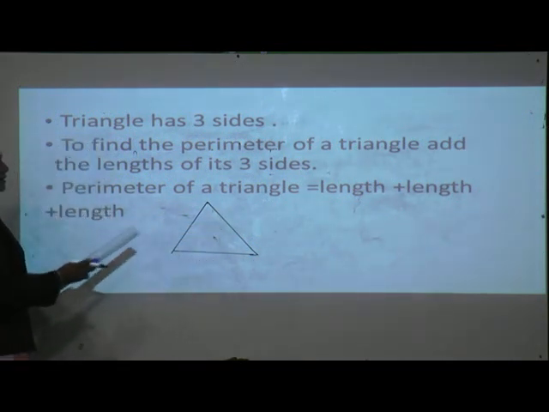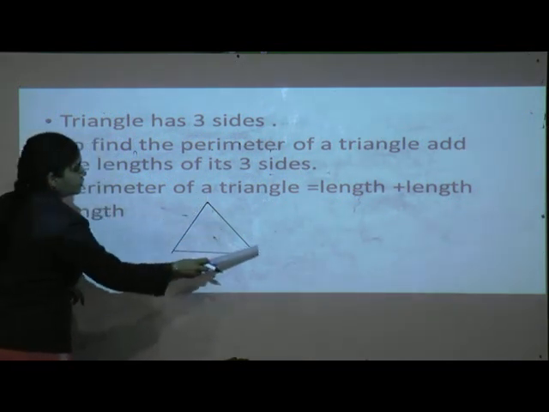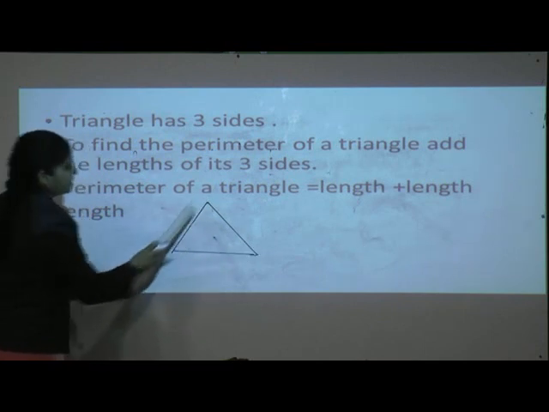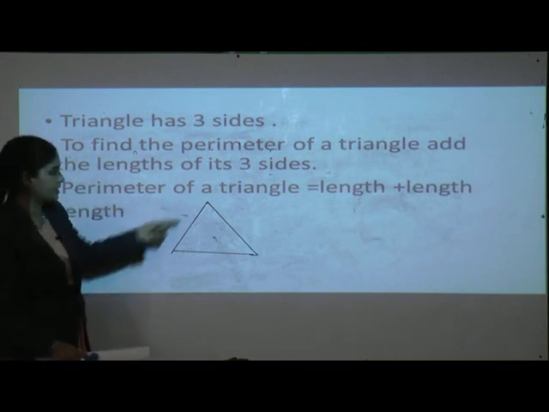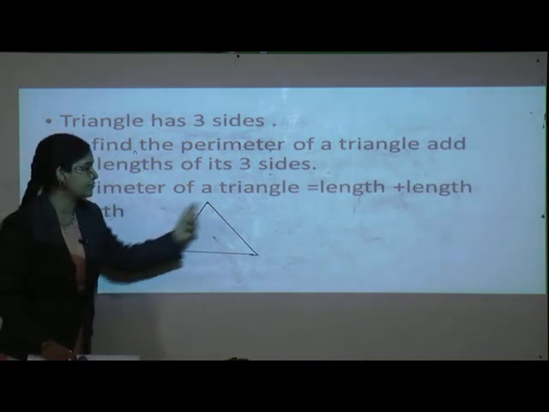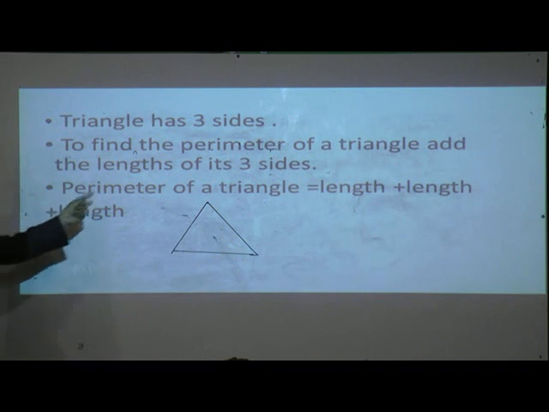So what is a perimeter? Perimeter is the addition of these boundaries. These three sides we have to add. That means perimeter of a triangle is equal to length plus length plus length.